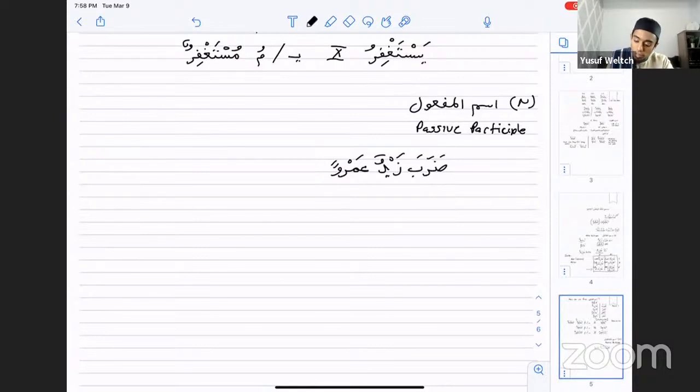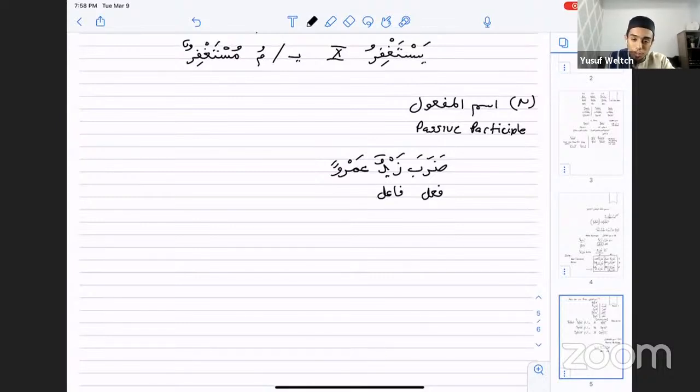So what kind of word is daraba? Fi'l, it's a verb. What kind of word is Zayd? Fa'il. It's the doer of the sentence. So with regards to the sentence, Zayd is the fa'il.